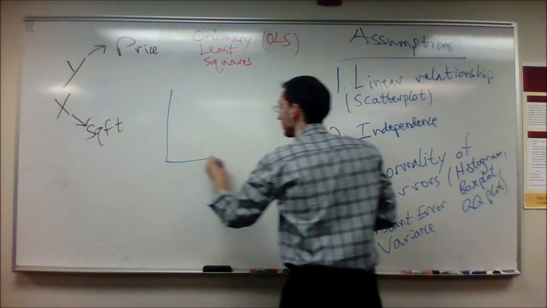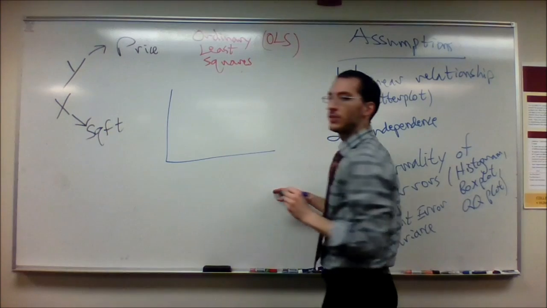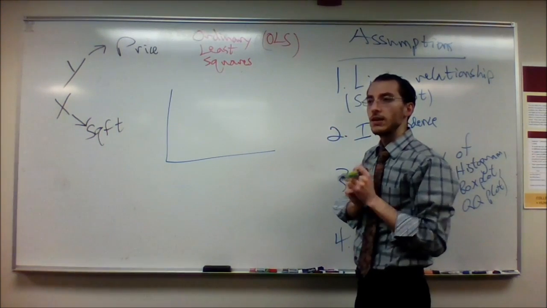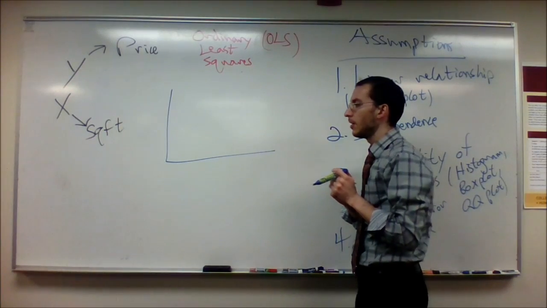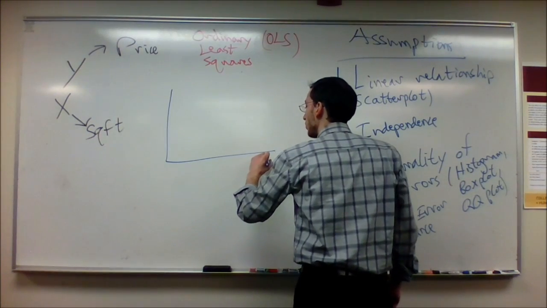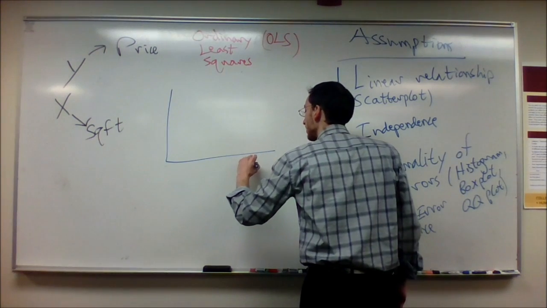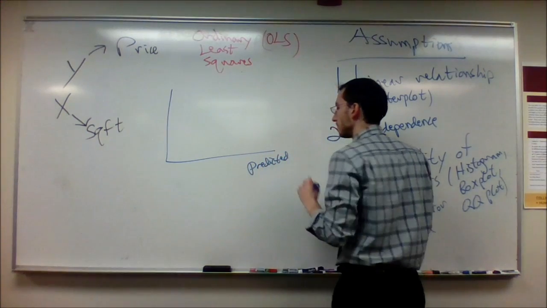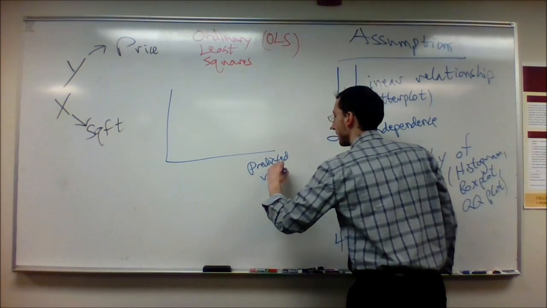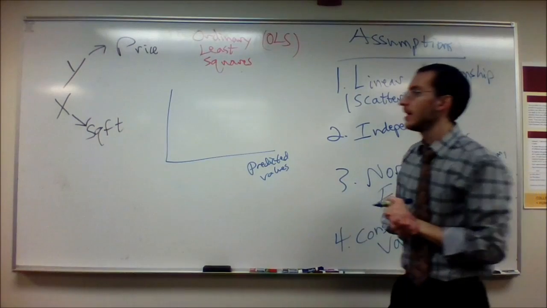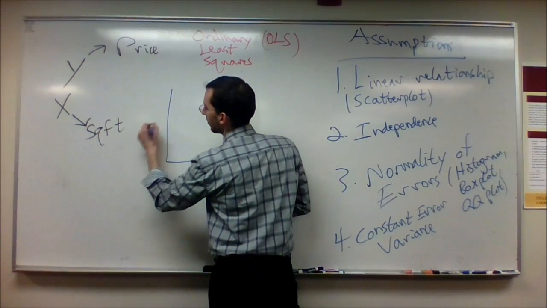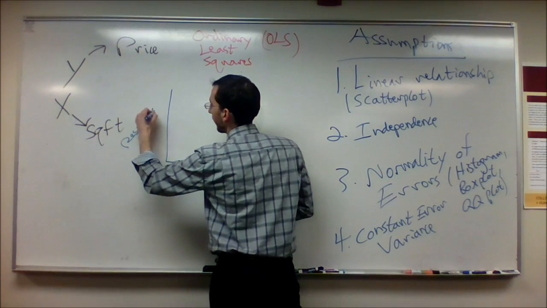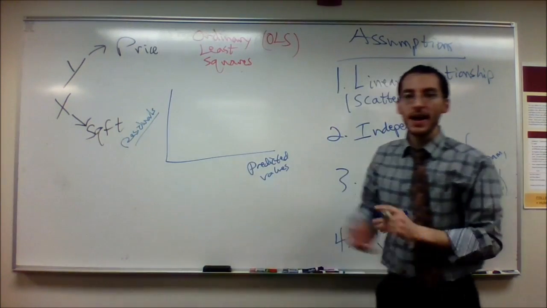And how we do this is shown in detail in the help and tips video. We put the predicted values on the x-axis, and then we use the residuals on the y-axis.